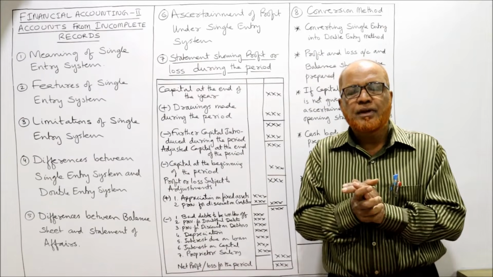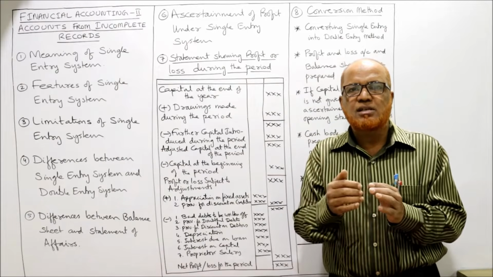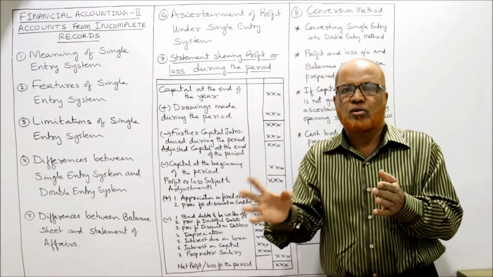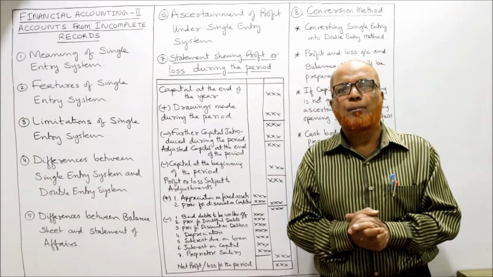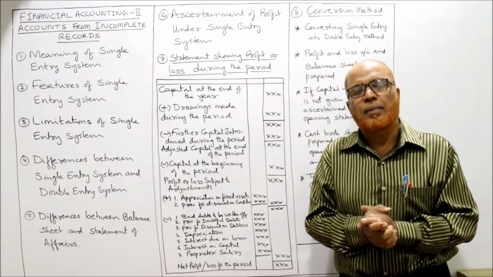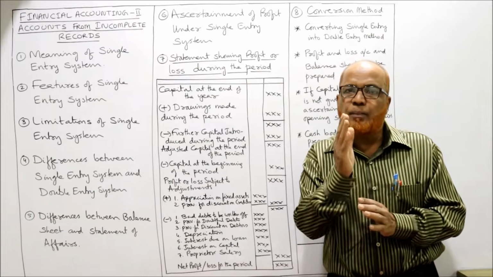Now in this system, we record some transactions completely. For example, when cash is received from customers, it is recorded in the cash book and also in the customers' personal accounts. Similarly, when cash is paid to suppliers, it is recorded in the cash book and also in the supplier's account. That is complete recording. But some transactions are partly recorded.